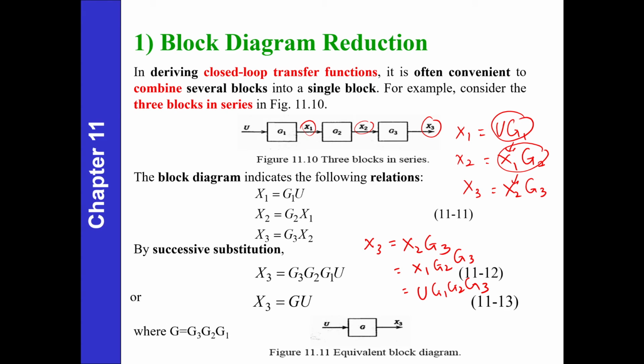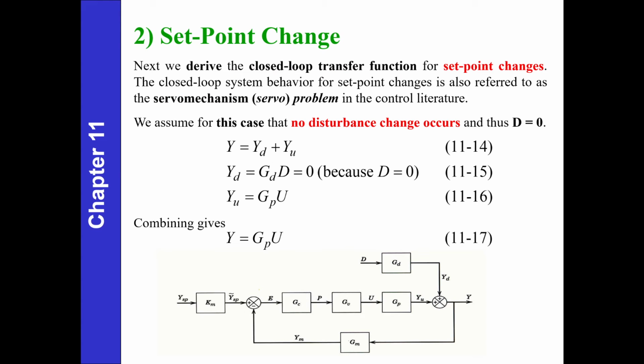It doesn't matter whether you write it as G1 G2 G3 U, or the other way around, or you can even write it as you like, maybe G1 G3 G2 U, it doesn't matter. So then we get this one. This is the first. You should try by yourself. And then we're going to start our block diagram reduction. Let's start.